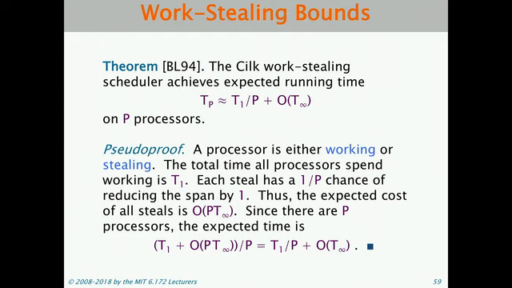And since there are P processors, I'm going to divide the expected time by P, so T1 plus O of P times T infinity divided by P, and that's going to give me the bound T1 over P plus order T infinity. So this pseudo proof here ignores issues with independence, but it still gives you an intuition of why we get this expected running time.